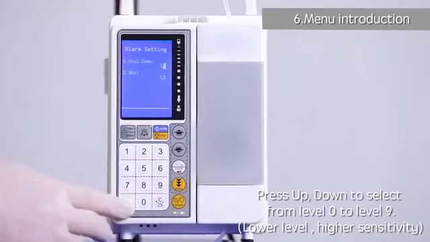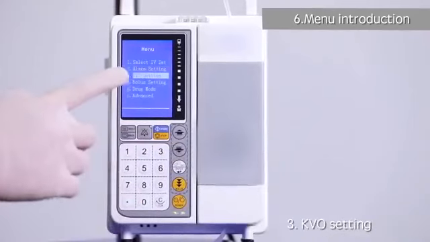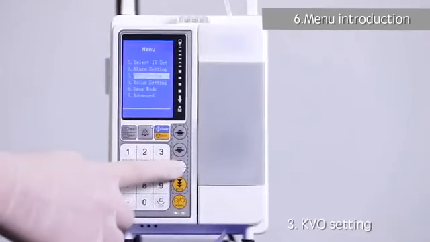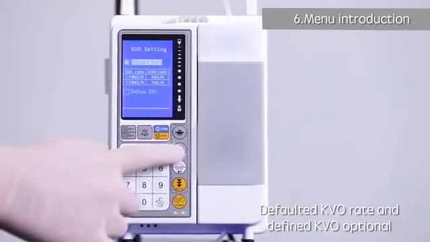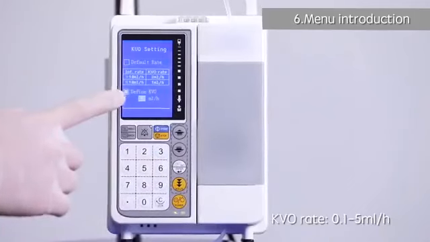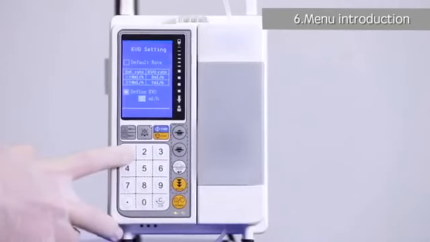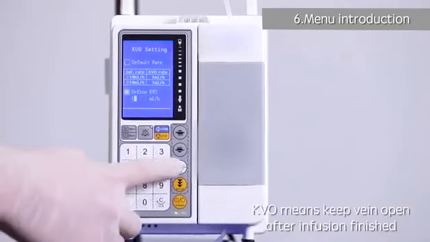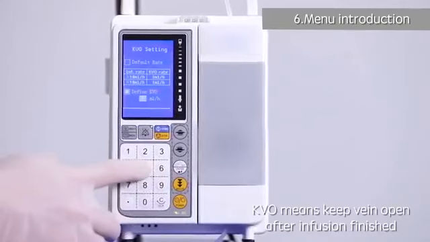Lower level, higher sensitivity. 3. KVO setting. Default KVO rate and defined KVO optional. KVO rate 0.1 to 5 milliliters per hour. KVO means keep vein open after infusion finished.